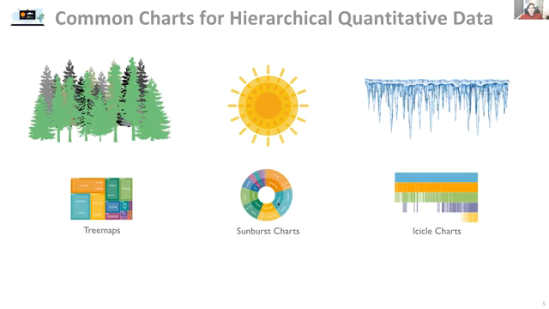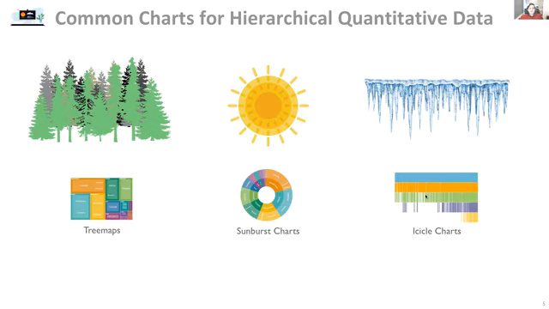A sunburst chart uses concentric circles or rings to visualize hierarchical data. The naming is due to the appearance similar to the sun with rays issuing in all directions. And icicle charts use a series of stacked and contrasting rectangles to represent levels in a hierarchy.